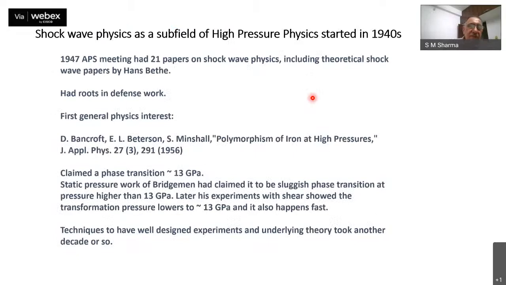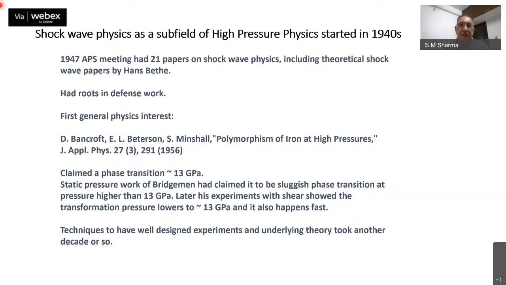The shockwave physics as a subfield of high pressure physics actually started somewhere in the 40s. In fact, in 1947, the American Physical Society meeting had about 21 papers on shockwave physics. First time it appeared in American Physical Society, 21 papers.